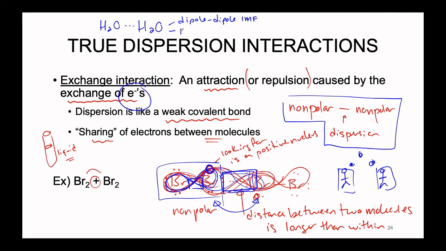And more specifically, we can form a hydrogen bond because the polar difference between O and H is so strong. The dipole-dipole IMF between these two water molecules is going to be incredibly strong. However, because both of these water molecules also have electrons, we can also add dispersion into the mix.